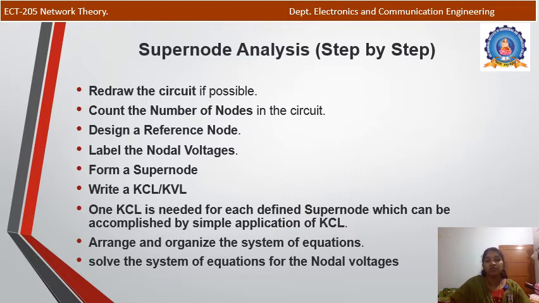The fifth step is to form a supernode. How can we make the supernode? If there is a voltage source in between two nodes, we combine those two nodes together as a supernode. One KCL equation is needed for each defined supernode, which can be accomplished by simple application of KCL. Next, arrange these equations as a system of equations and find the solution.